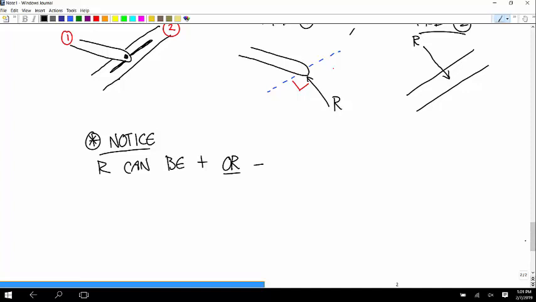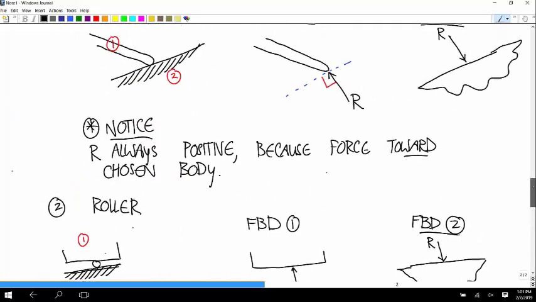Any questions about any of these yet? Okay, so that's all that first category. Those are the ones that apply one force, and so they introduce one variable. Now we're going to joint category 2.